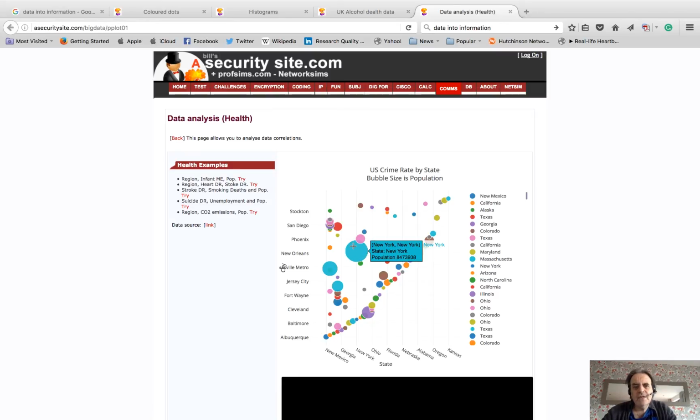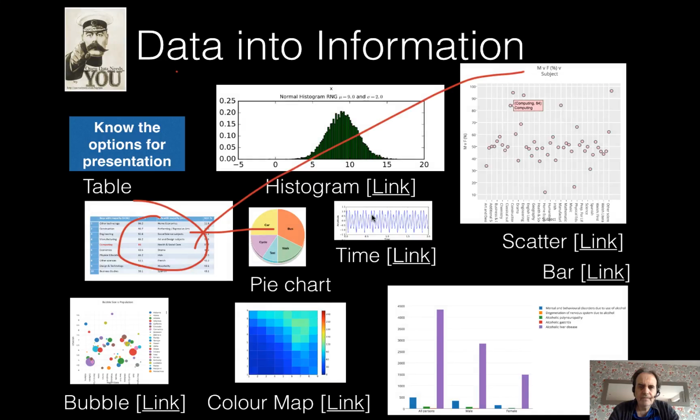So bubbles are good in terms of actually showing some sort of significance and some variation, both in the X, Y, and then also in one other variable. Okay, so those are some of the main mechanisms that we would use to be able to present the information.